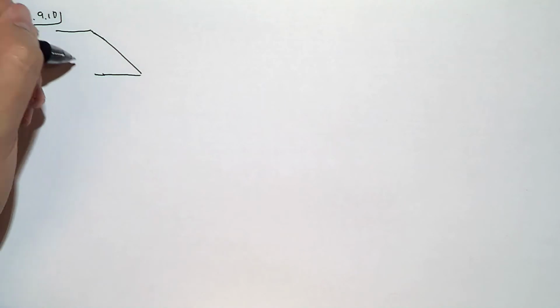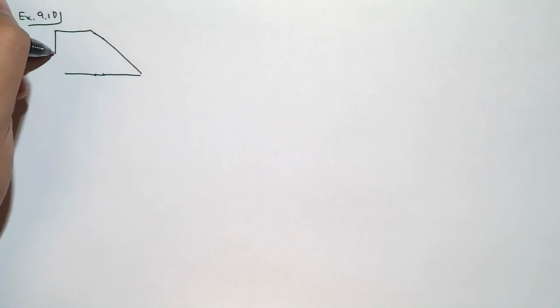And again, this was example 9.10. And just to recap, this was our shape. We had a triangular-like shape, a rectangular-like shape, and a square shape.